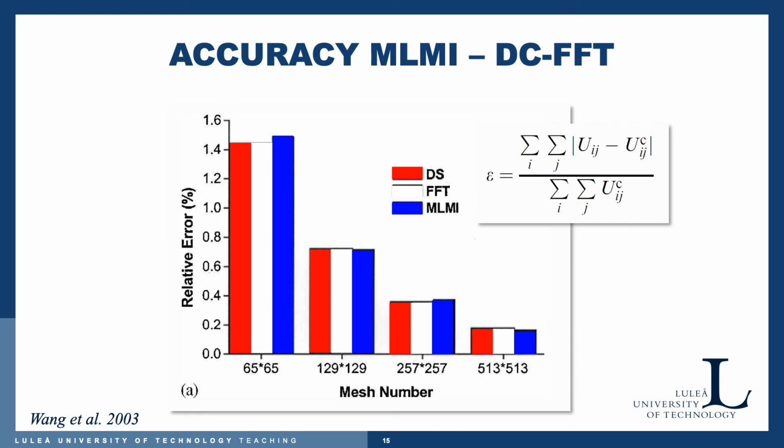Now the accuracy. So here we have in red the direct summation. So that's what we compare against, I would say. The relative error there is just the numerical discretization error from the continuous result, and then we have the FFT result in white, and then we have the MLMI in blue, and we can see that the white, the FFT, is identical to the direct summation because it's numerically exact.